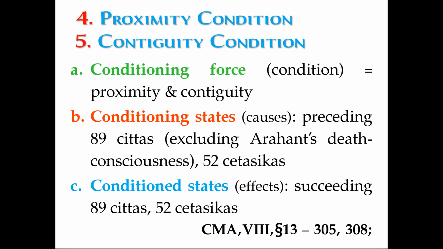So here, the cittas and cetasikas which arise earlier are the causes. Because of those earlier ones, the following or succeeding citta and cetasikas arise; they are the effect. Between cause and effect, there is the quality that shows the relationship, which is called proximity and continuity.